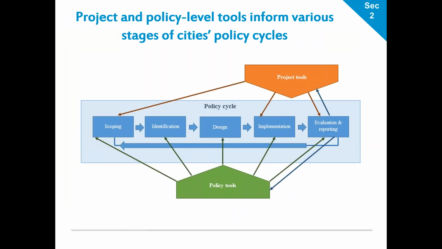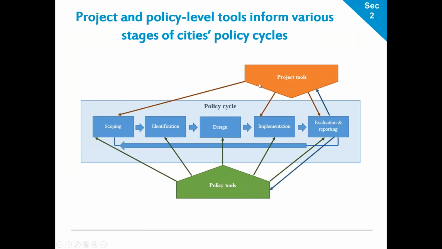So we have broken the overall policy cycle for city stakeholders regarding buildings in their cities into these 5 steps of scoping, identification of opportunities, design, implementation, and then evaluating and reporting, going back to more scoping.